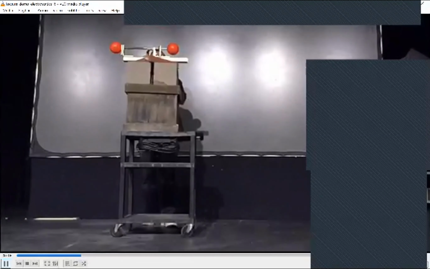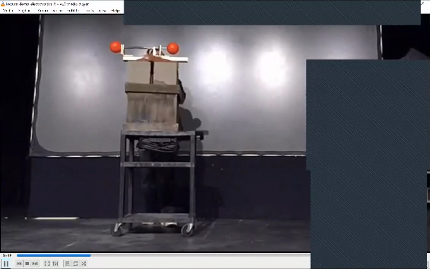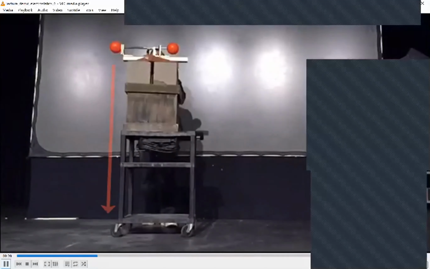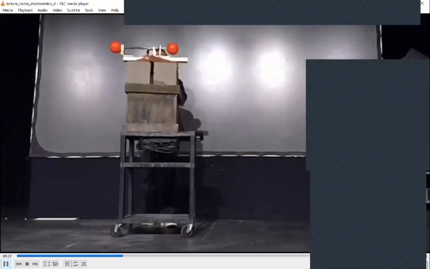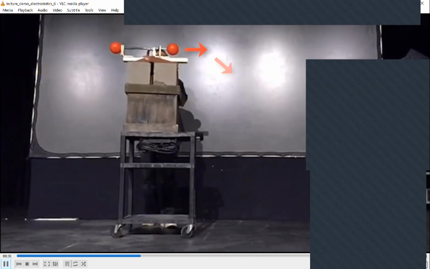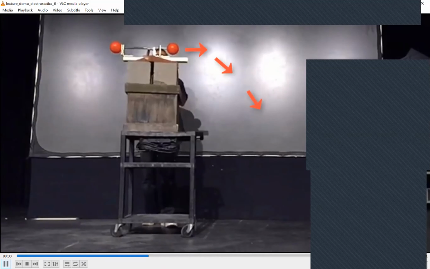And when it's released, the ball on the left will drop straight down and hit the ground here. The ball on the right is going to get a horizontal push from that rod, and it's going to move off to the right and follow a curved path and hit the ground here.